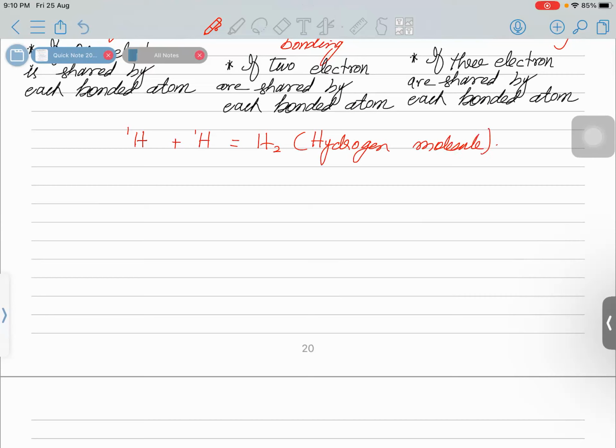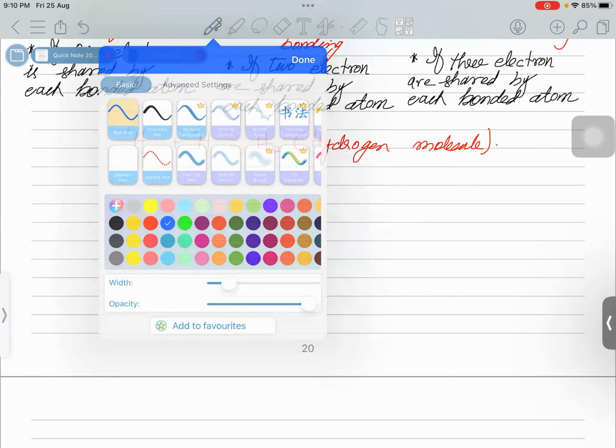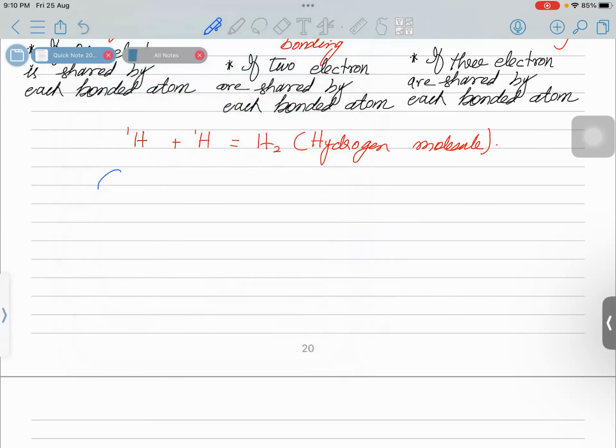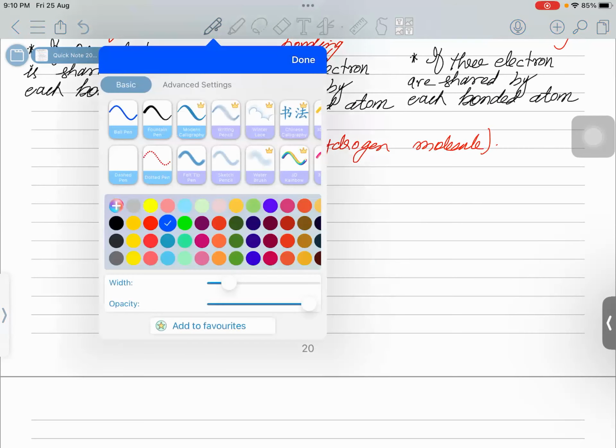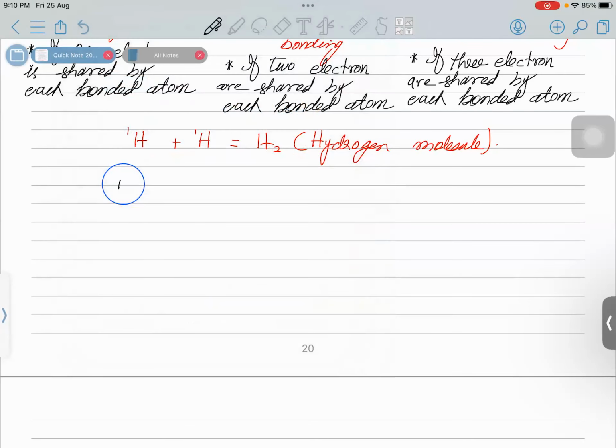This is a hydrogen molecule. Now look at the dot and cross diagram of it. This is hydrogen. You have the nucleus, here we have a dot.